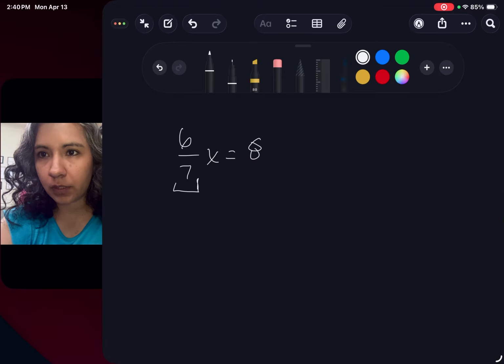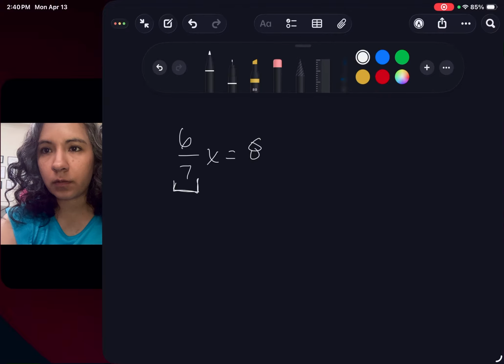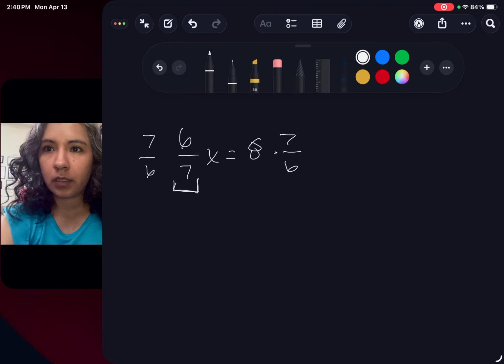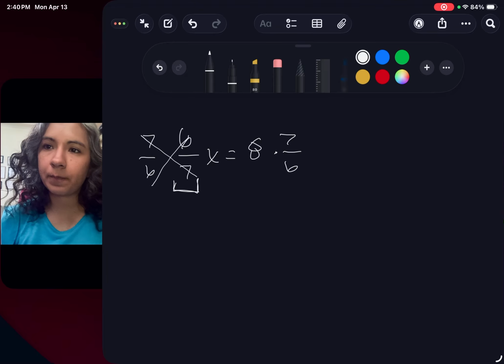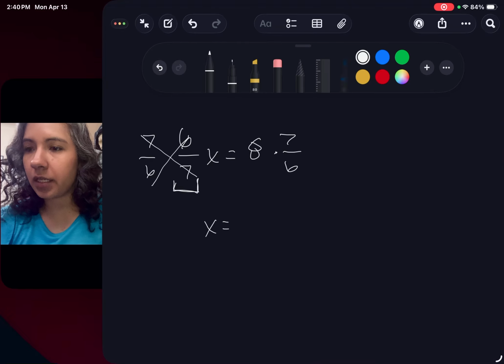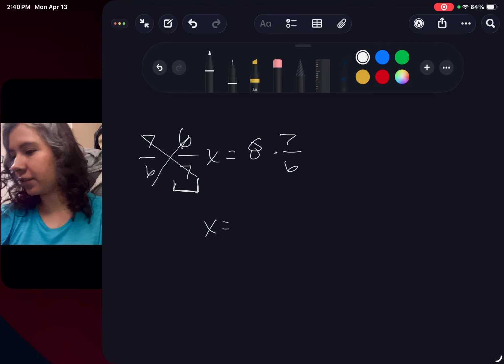The coefficient is this number right before x. So the reciprocal of this is 7/6, and we multiply by 7/6 because we want to balance both sides, and this cancels out. So now we have x equals 8 times 7/6.